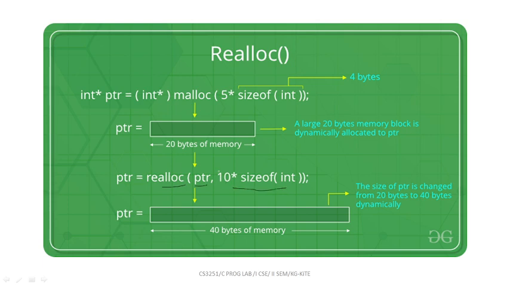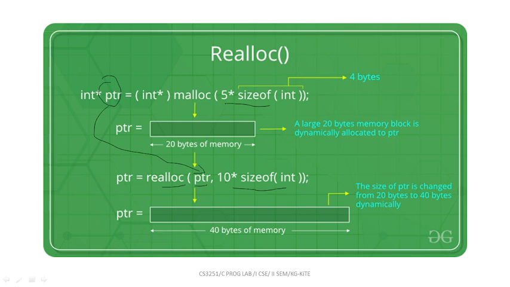Already we have allocated memory for storing 5 integer variables, and its address is in the variable known as PTR. By making use of this PTR, we are going to reallocate from the initial address stored in the pointer variable PTR.